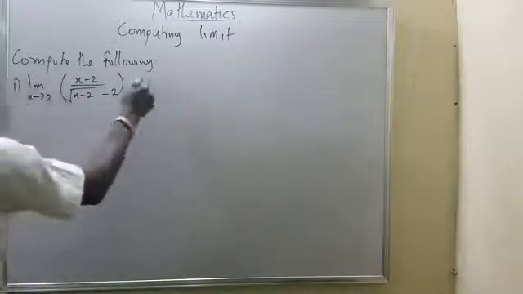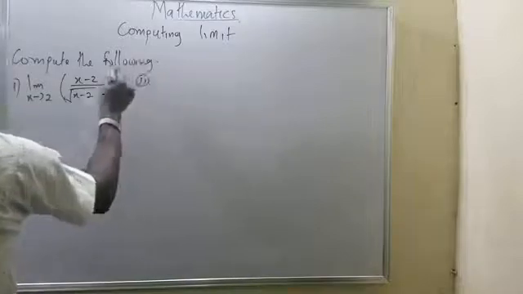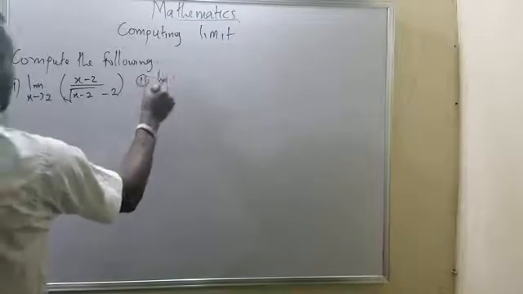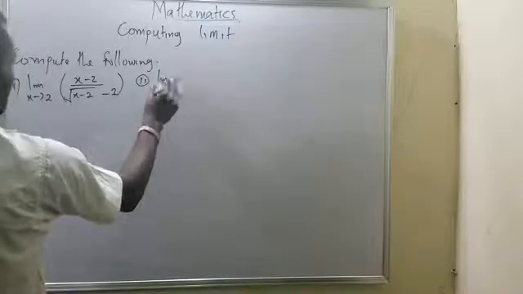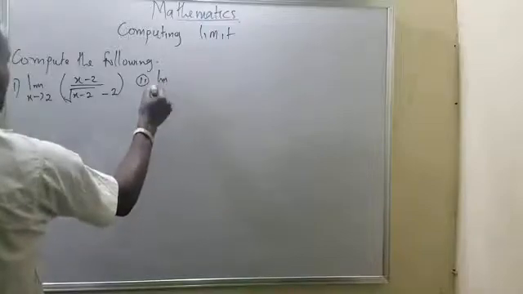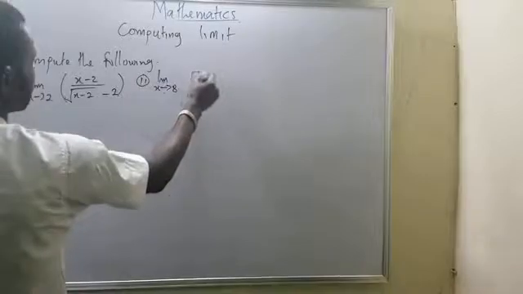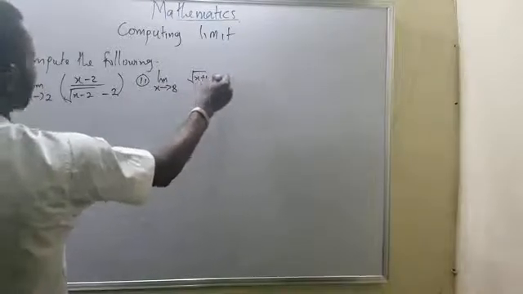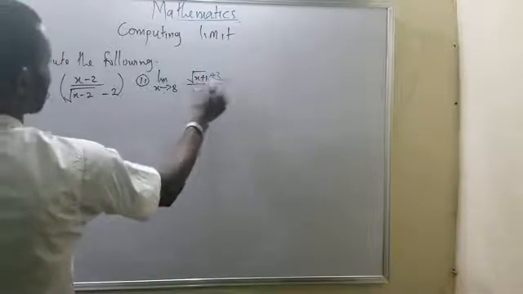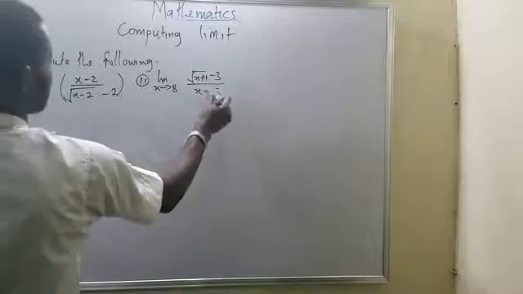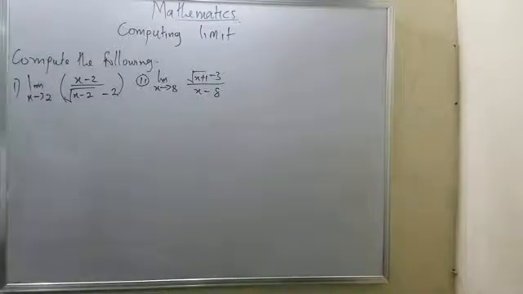The second one is like this: limit as x tends to 8, sorry, x tends to 8, of (root of x plus 1 minus 3) divided by (x minus 8).